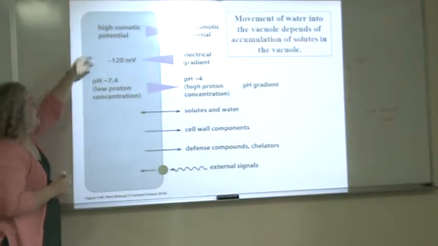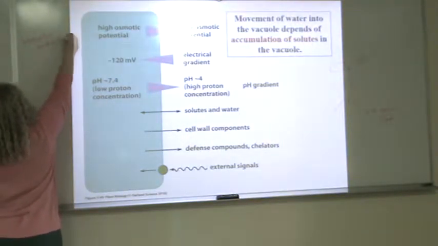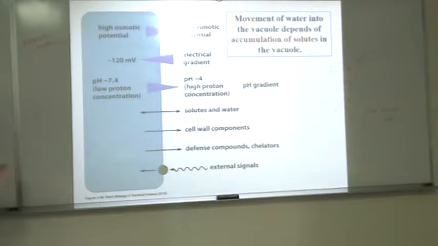And those are osmotic potential is one. And I'm going to leave space to define that. There's another one called water potential. And the third one is turgor pressure.